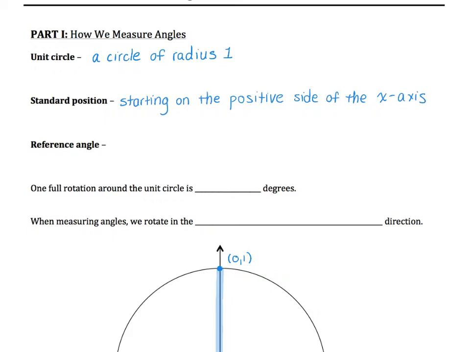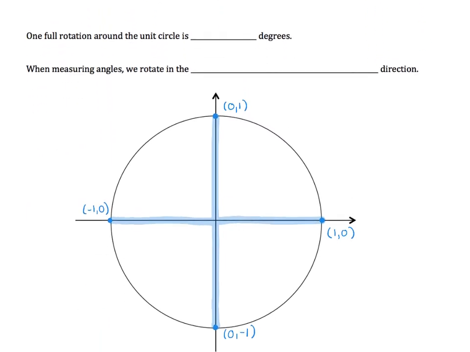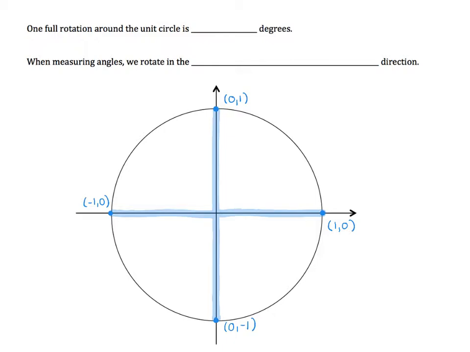Okay, so if I were to measure out an angle of, let's say, 30 degrees, well, that means I have to start in standard position, which basically means start right here. See how that is the positive side of the x-axis, right on the x-axis.